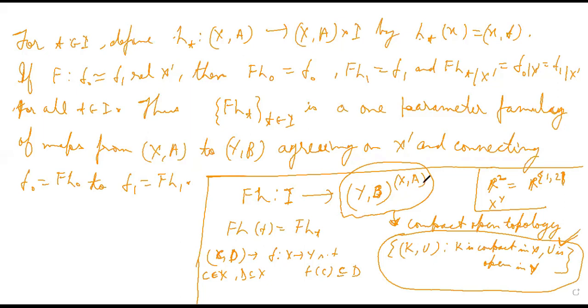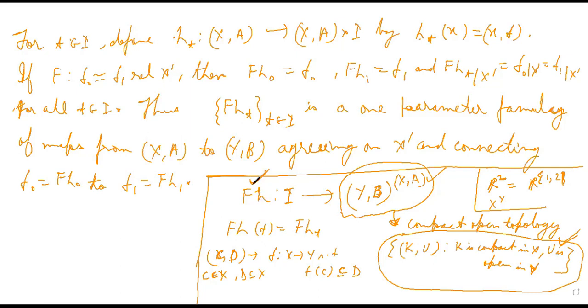With respect to that topology, you can consider this map to be a one parameter family of maps from XA to YB, and this will be continuous.